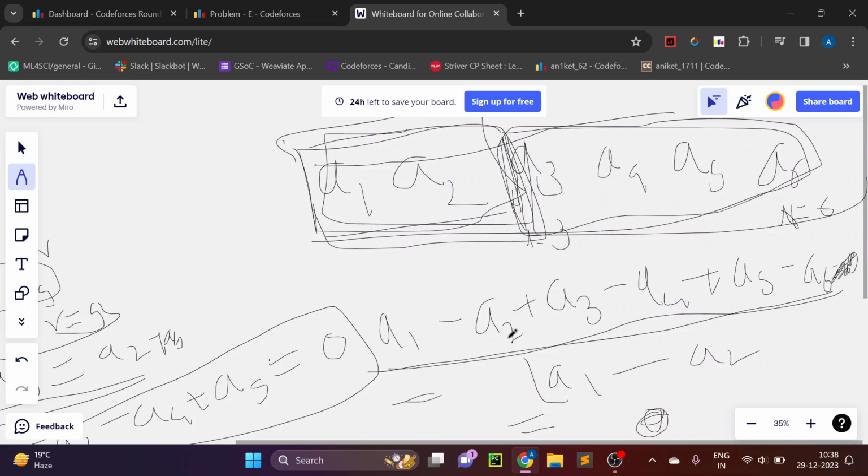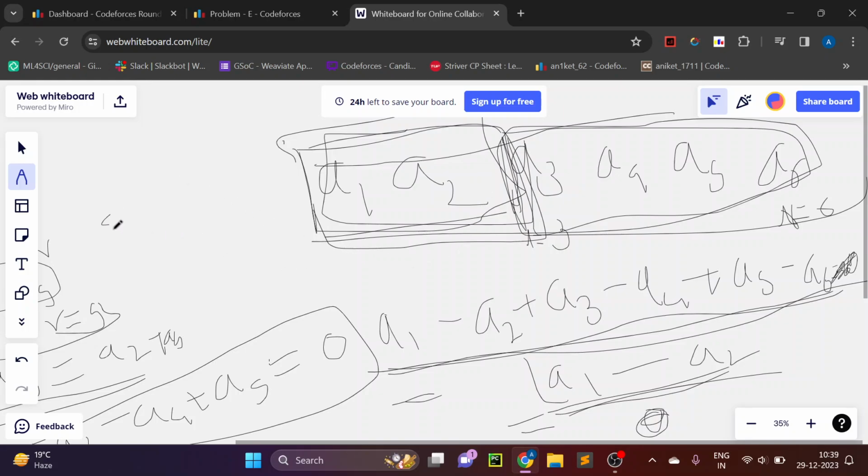That means total sum and this sum must both be equal. Now let's say I take a prefix sum of A1 and this type of prefix sum where I add odd indexed elements and subtract even indexed elements.